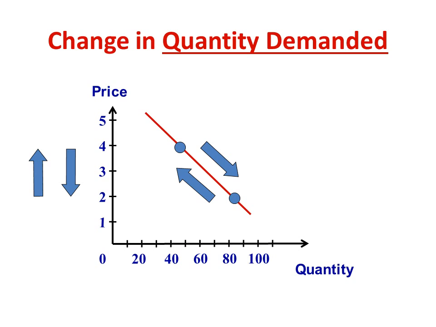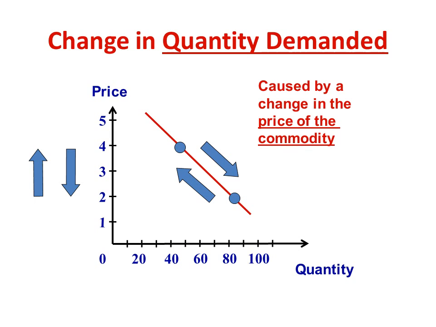It's important to understand and identify this because we're next going to analyze what happens in the market when something other than price changes. How will that affect our demand? So, economists are not, in general, the most creative bunch.